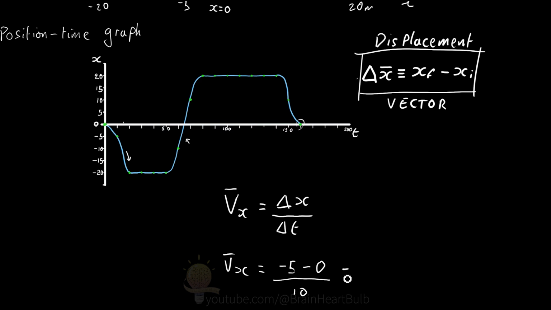So we got a value of -5 over 10, which is equal to -1/2 meters per second.